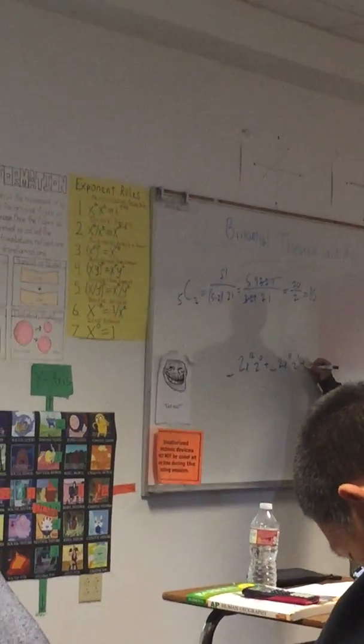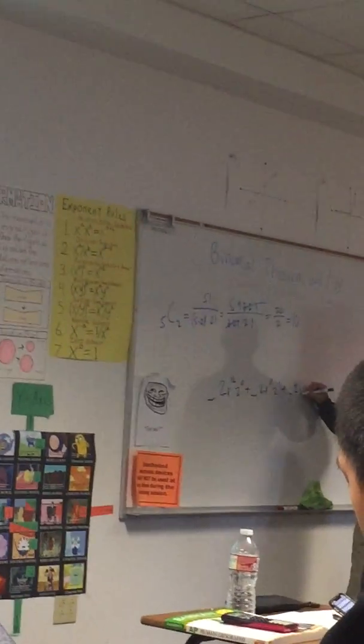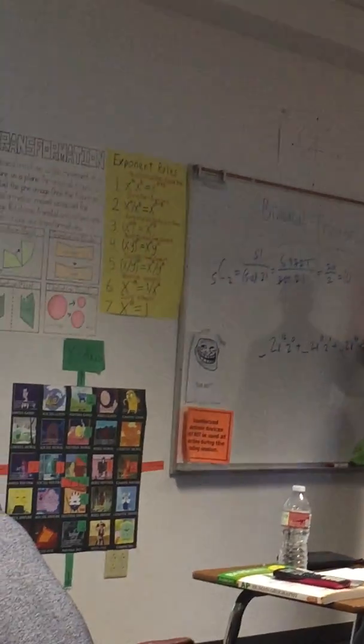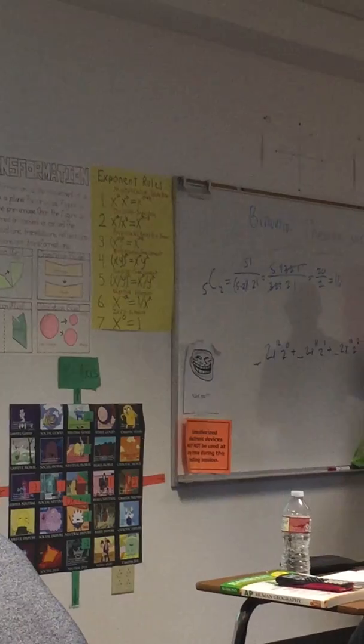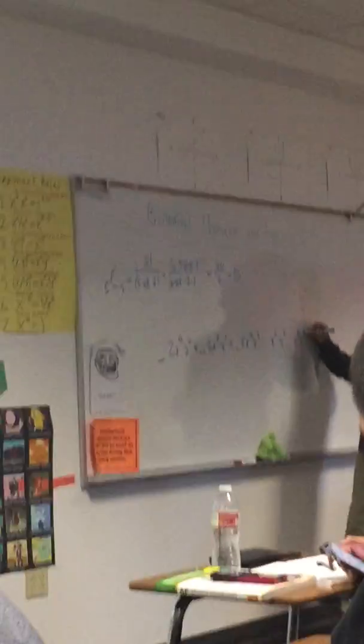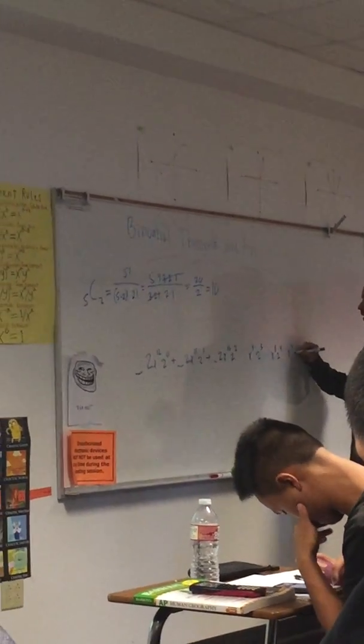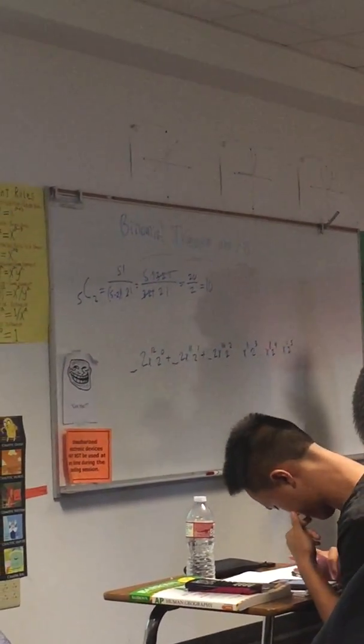And then plus some number that's 2x to the 10, 2 to the 2. And we're going to keep going like this, right? To x to the 9, 2 to the 3, x to the 8, 2 to the 4, x to the 7, 2 to the 5.